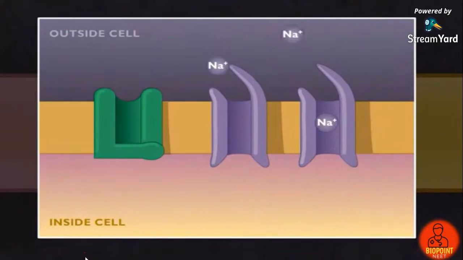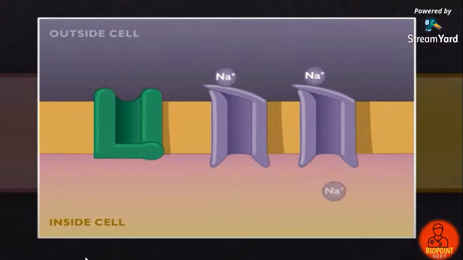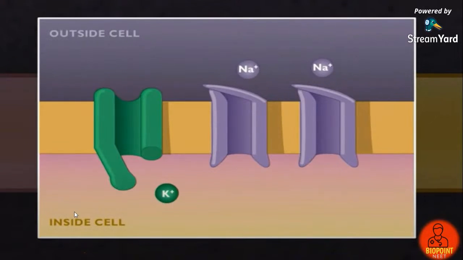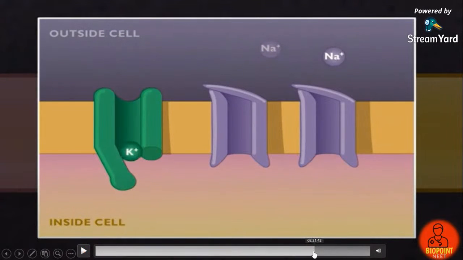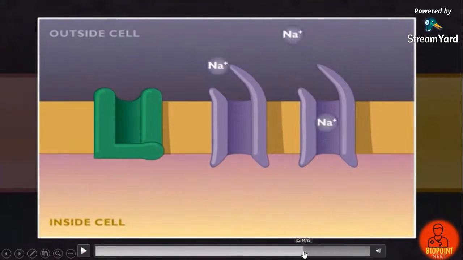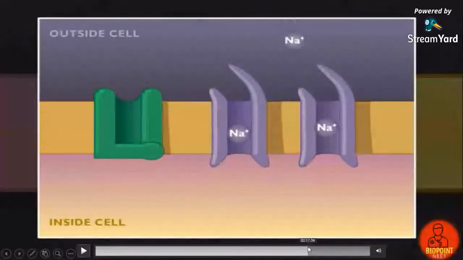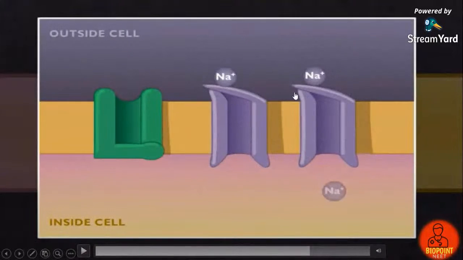When the action potential is created, there is a rapid flow of sodium ions inward. After the necessary ions have passed, the sodium channels are closed. And then what happens? You see the potassium channels are opened.